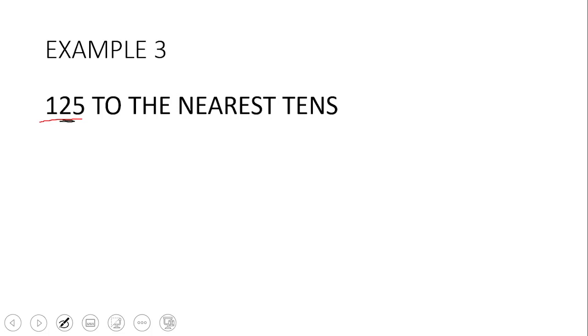The tens position is the number 2. So I'm going to look one number over to the right. That number is 5 or greater. So I'm going to add 1 to my rounding number, and I'm going to change all the other numbers to the right of the rounding number to 0. So in this case, 125 rounded to the nearest tens place would be 130.